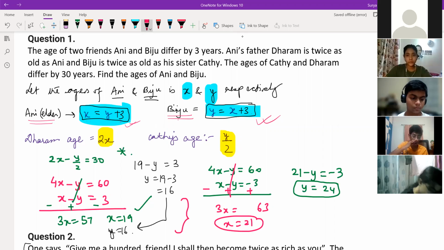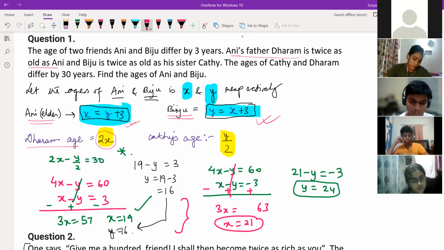Next you see, Annie's father Dharam is twice as old as Annie. So Dharam's age will be 2x, if Annie's age is x. Correct or not? Yes, sir. And Biju is twice as old as his sister Kathy.